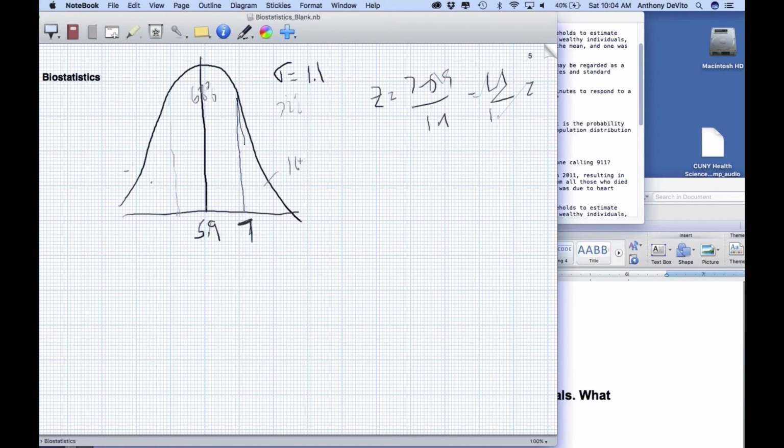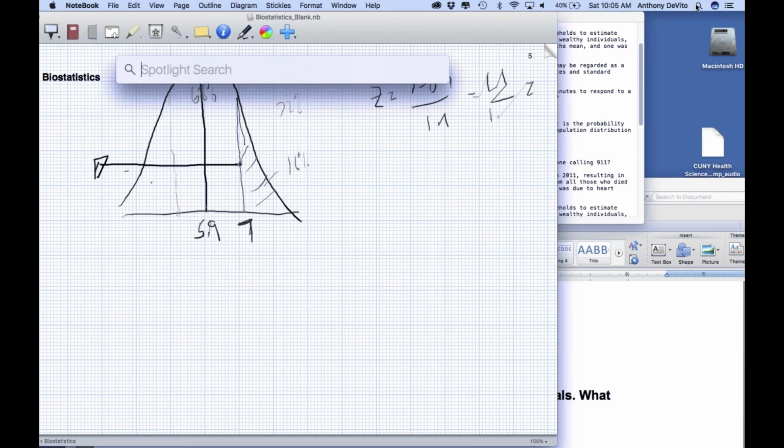So this should be about 16%. Well, that's only an estimate. Let's find out what it really is. In order to find out what that area above 7 is, let's go to our Z table or Excel and find out what the area is below it and then subtract from 1. Okay, let me pull up our Z table.